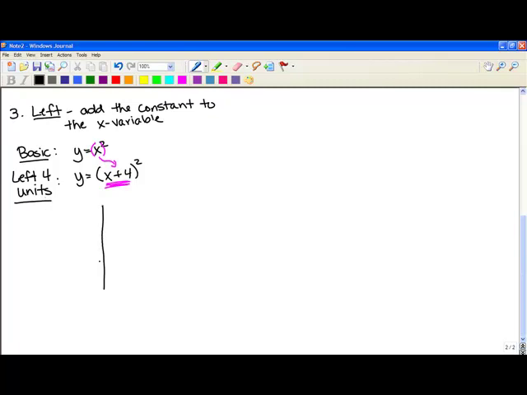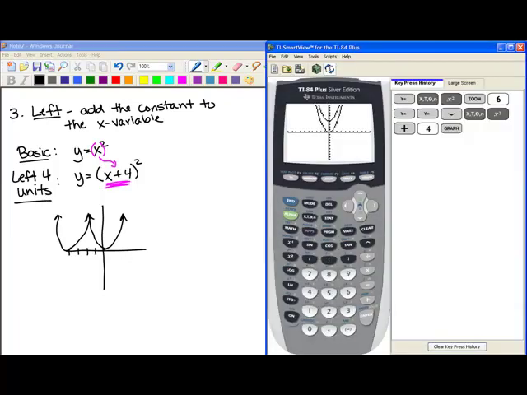Now the graph would look like this. We have a parabola shape. This is our basic graph of y equals x squared. And then if we move this to the left 4 units, then the shape of the graph would go like this. The graph would be over on the left. Now bringing up the calculator, I'll show you both of these again.